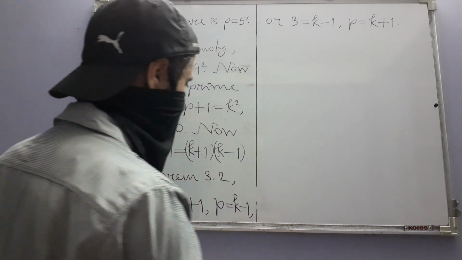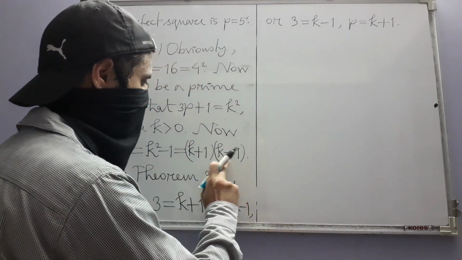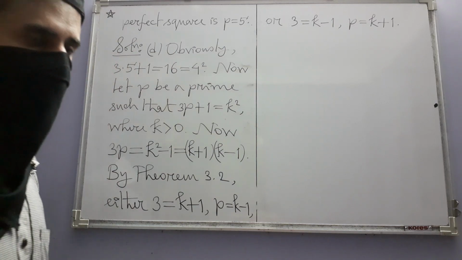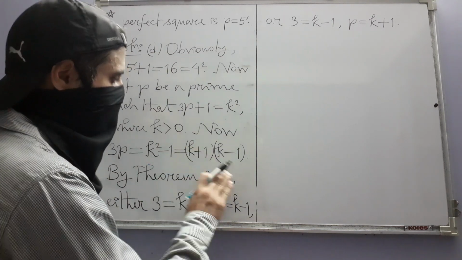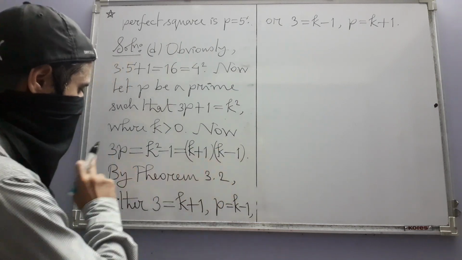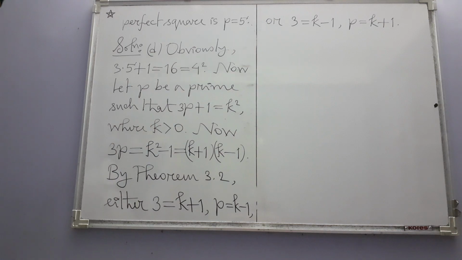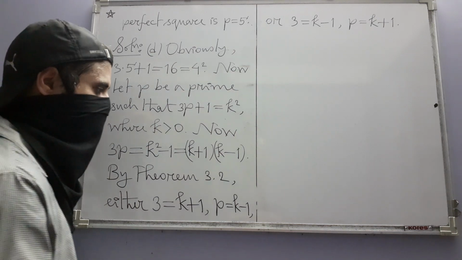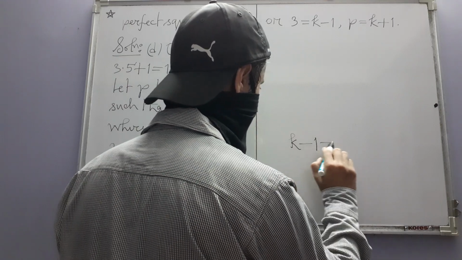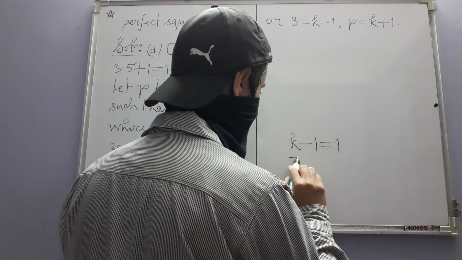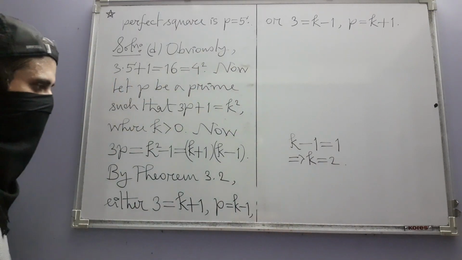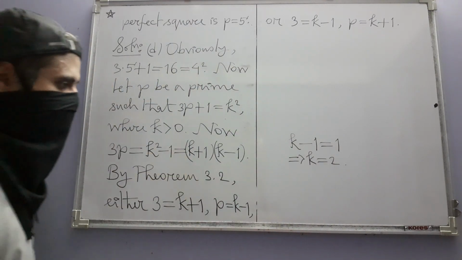For example, say you consider k minus 1 to be equal to 1. In that case, what happens is that k minus 1 is 1, but k plus 1 is 3p. That possibility is also there. So what happens if k minus 1 is 1? Then k is equal to 2, but then what is k plus 1?